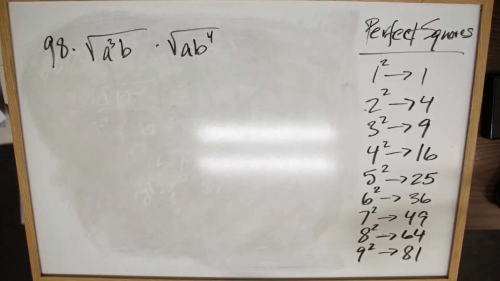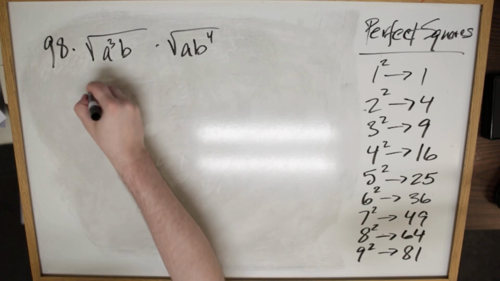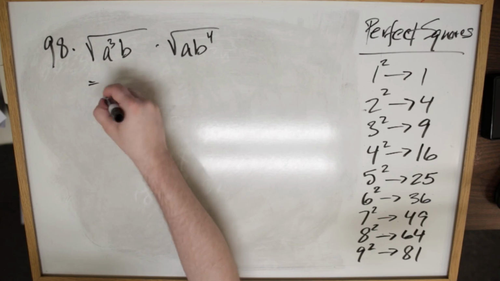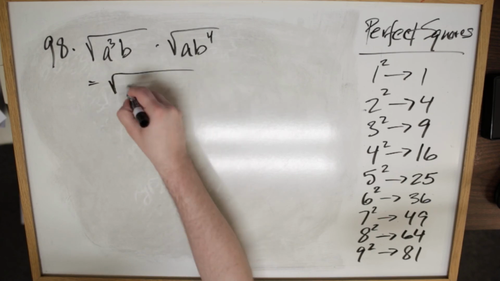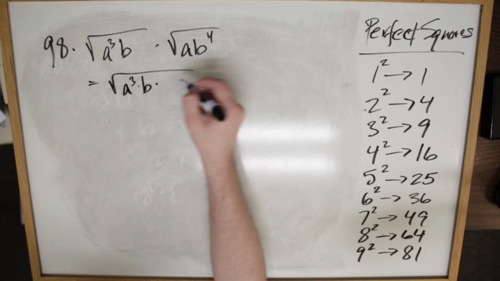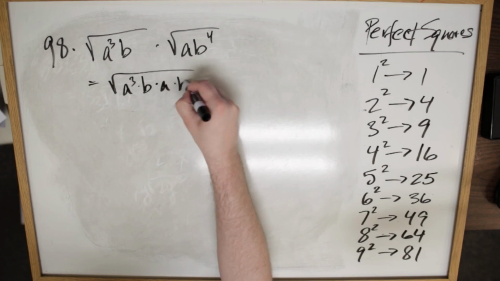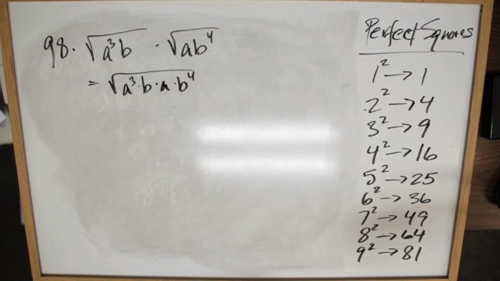So we have the square root of a cubed b times the square root of a b to the fourth. So again, simple procedure. Let's just combine them all together. A cubed times b times a times b to the fourth. Again, when you're adding and subtracting, you can't do that, but when you're multiplying, you can combine them.